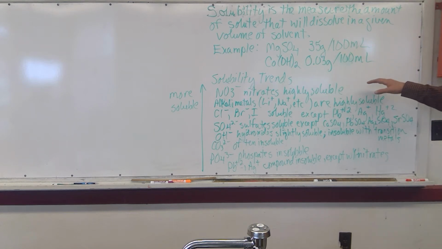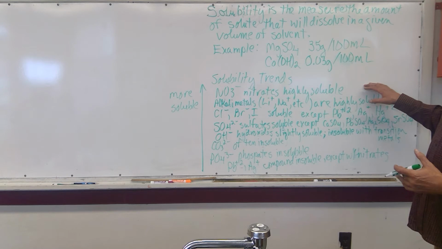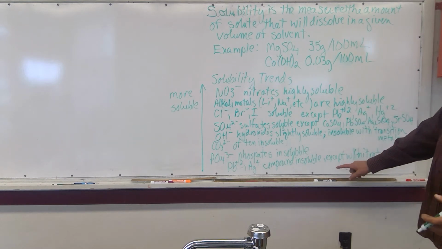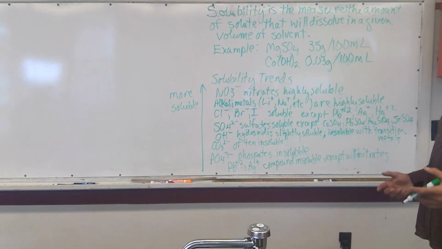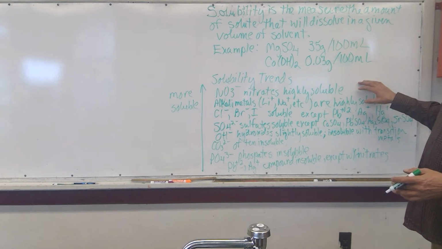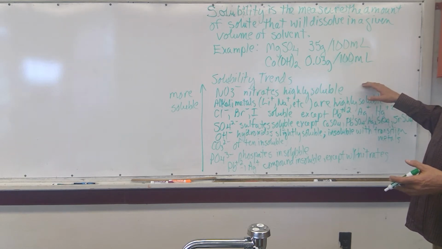For example, nitrates are pretty much the only type of compound that almost any metal will form into a solution. That means that even the really insoluble metals like lead and silver will form a solution with them, when almost nothing else will. So most metals will form very soluble compounds with nitrates.